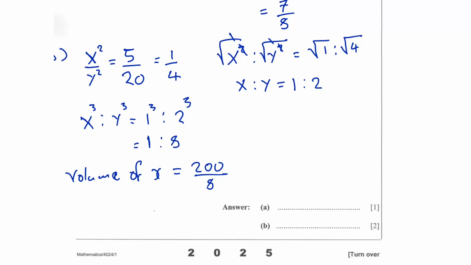Let's first divide 8 into 20. 8 into 20 is 2, and there will be a remainder of 4. The 4 and the 0 become 40. And then 8 into 40 is 5. So the volume of solid X is 25 cubic centimeters.